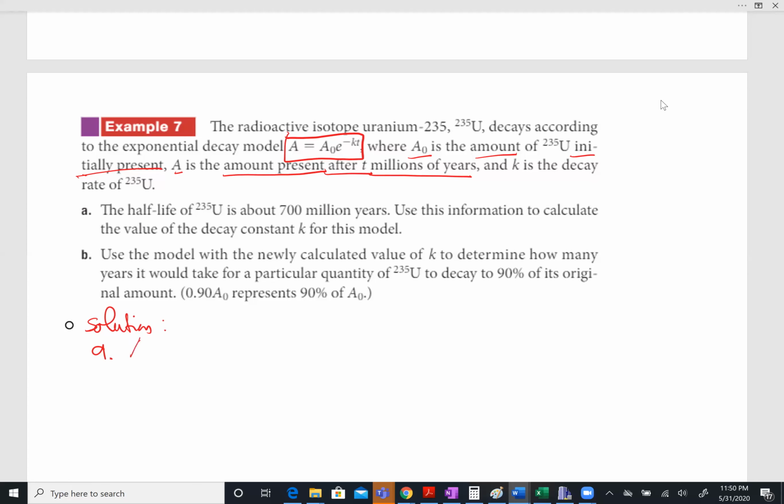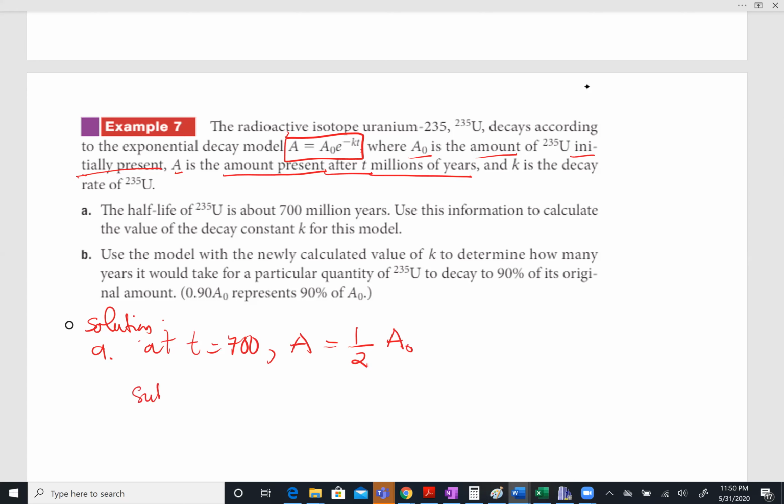It means after 700 million years, so I'm going to say at t equal to 700, the amount present A will be just half of the initial amount of uranium, okay?